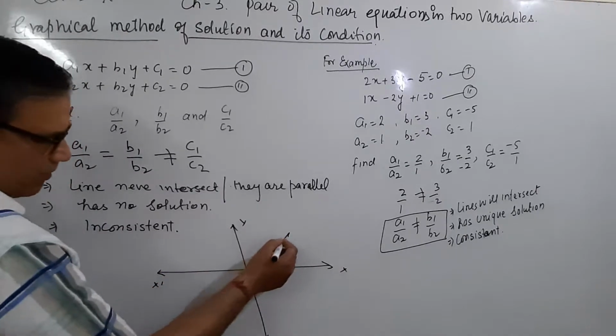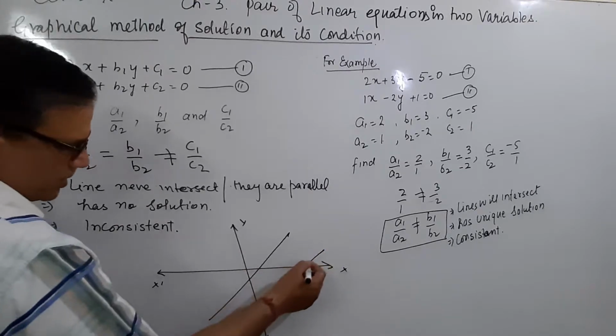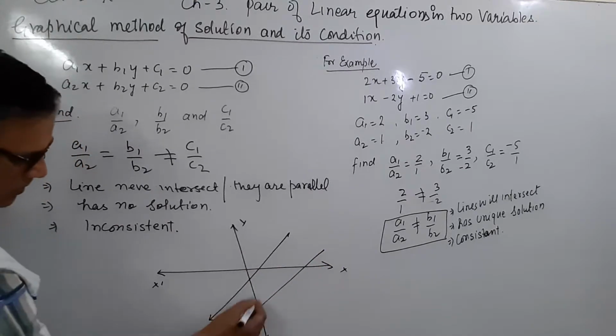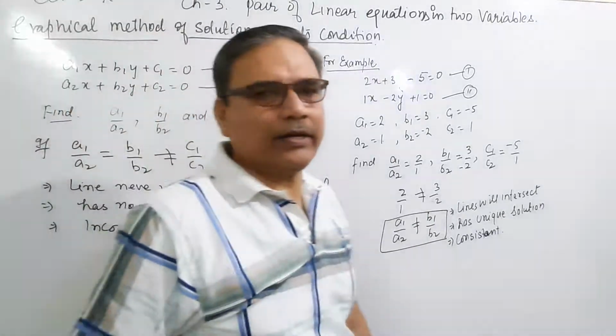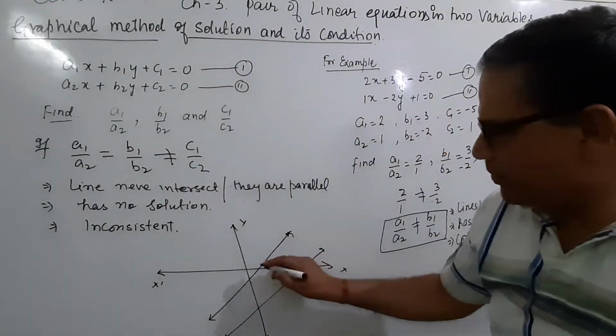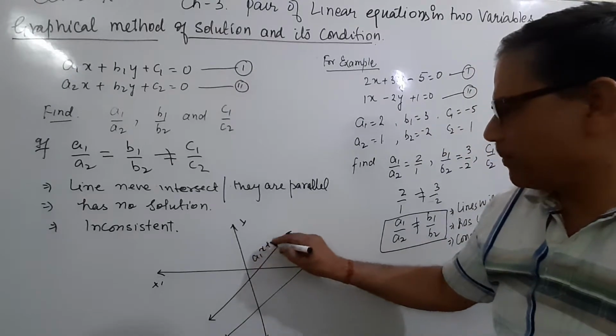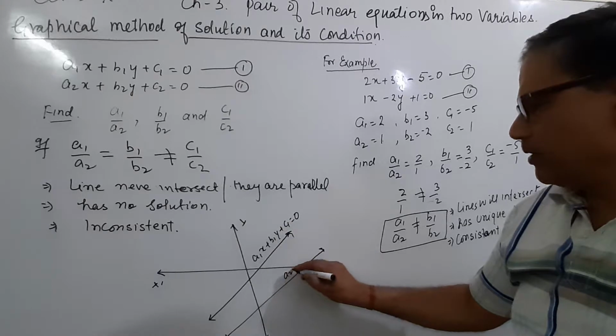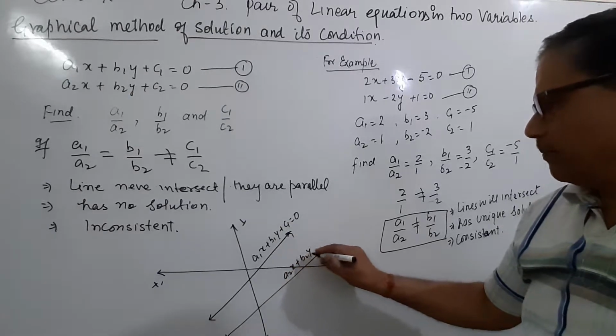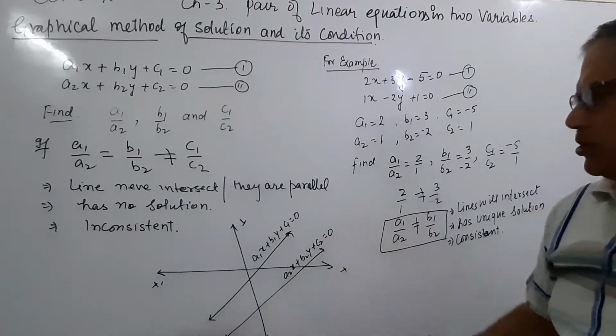We draw the graph of the first equation and the second equation, and they will be parallel to each other, meaning they never intersect. This is the first equation, a1x plus b1y plus c1 equal to 0, and a2x plus b2y plus c2 equal to 0.